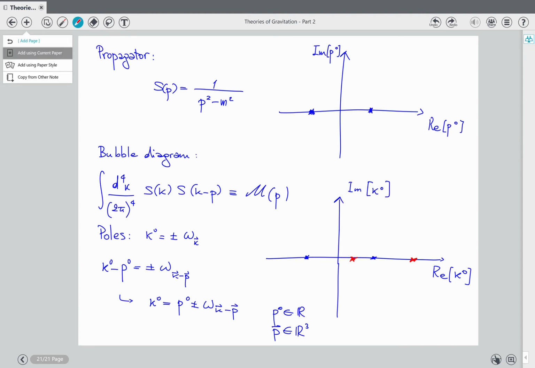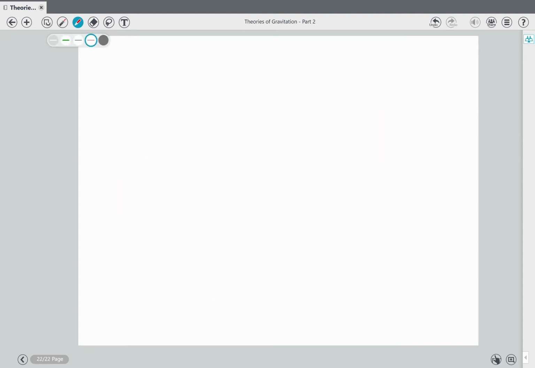The Feynman prescription tells you one way to calculate the integral. Because there you have p squared minus m squared plus I epsilon. So the Feynman prescription is like saying that the squared mass has a small negative imaginary part.